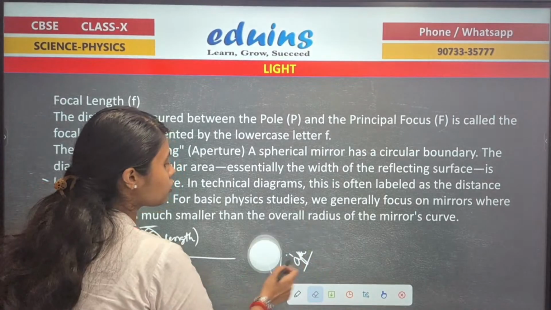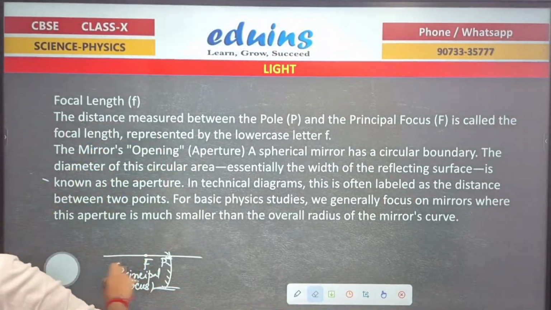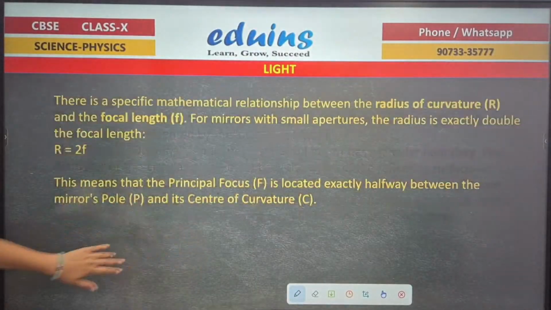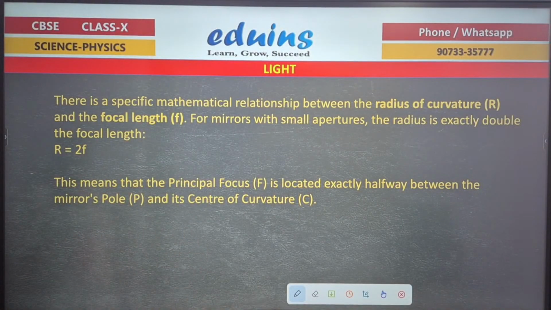Now, the relation between the focal length and the radius of curvature, we have to know this. There is a specific mathematical relationship between the radius of curvature and the focal length. For mirrors with small apertures, the radius is exactly double the focal length.